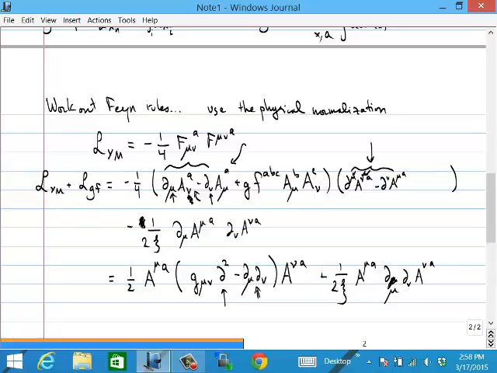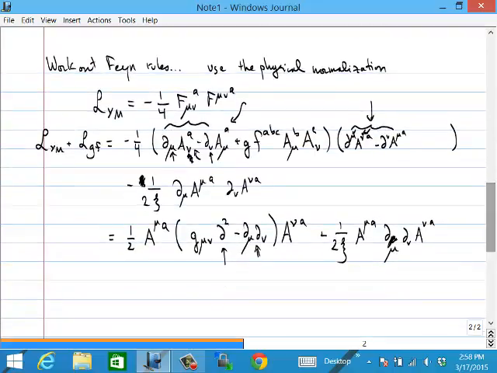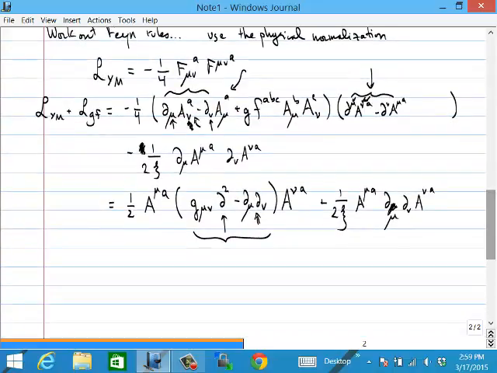Okay, so that wasn't too bad. All I've done is write out the term that's quadratic in the A's. And I've integrated it by parts so that it looks like A times a differential operator on A, so that the Feynman rules will just involve a propagator, which is the inverse of that guy. So next we get terms that are cubic in A.